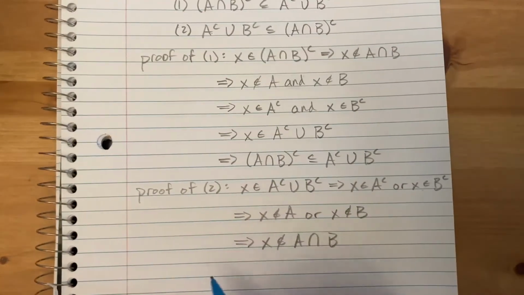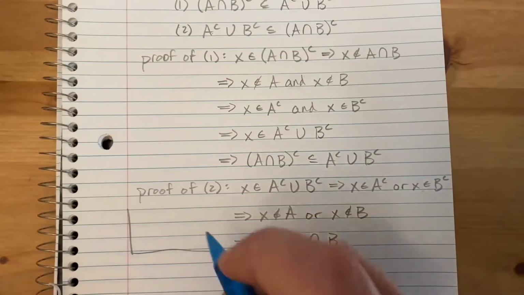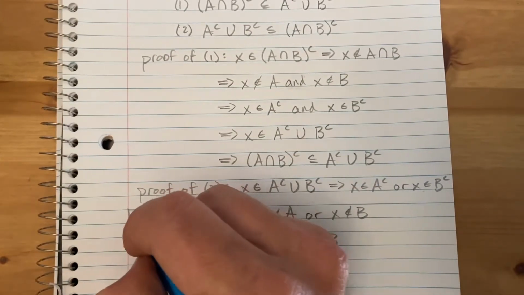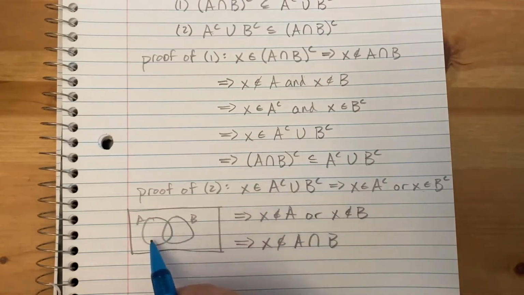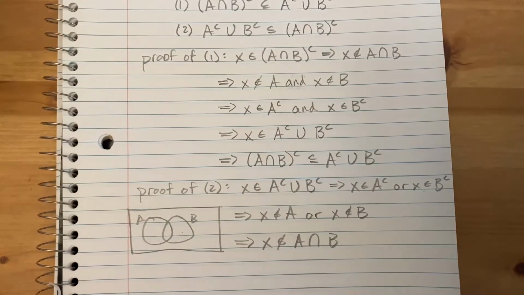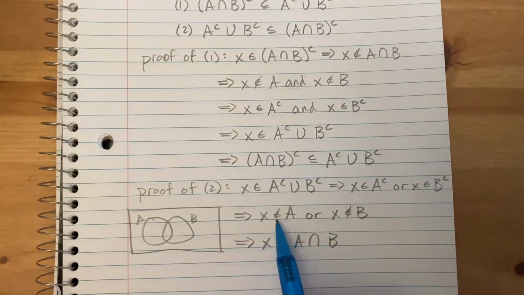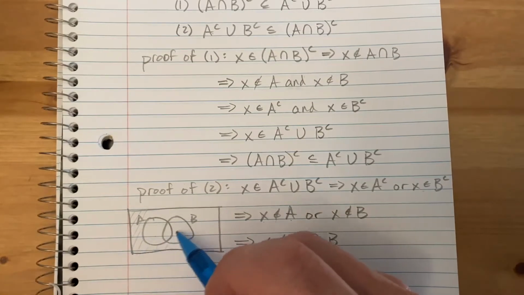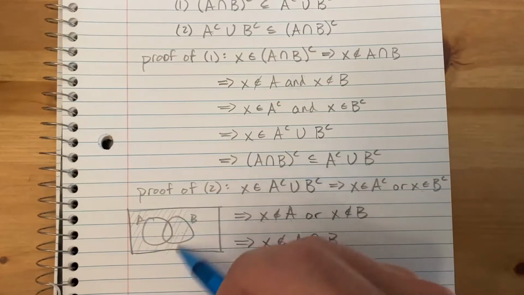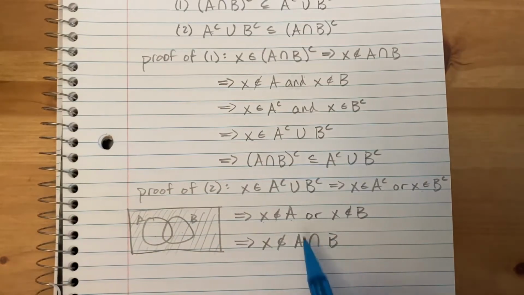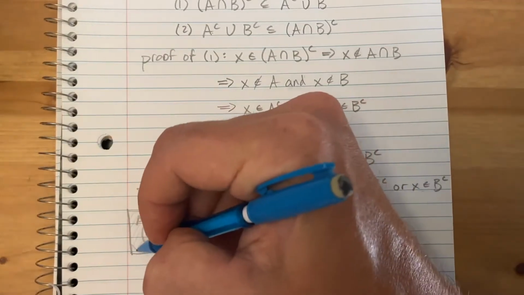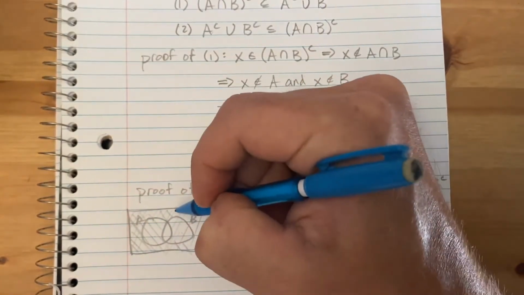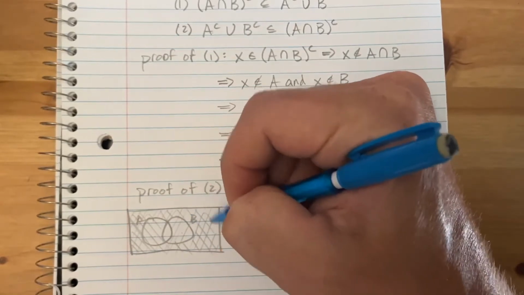And it's probably easiest to see this visually. So if we have a universal set to which A and B both belong, here's A and here's B, the circles A and B. X is not an element of A is going to be all of that, or X is not an element of B, which is all of that.